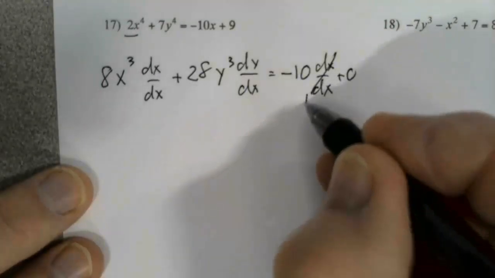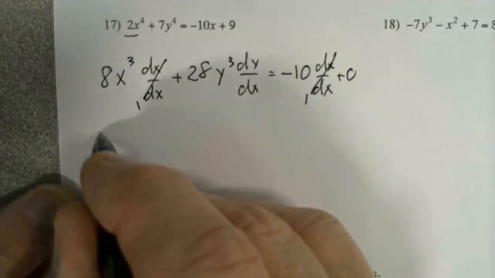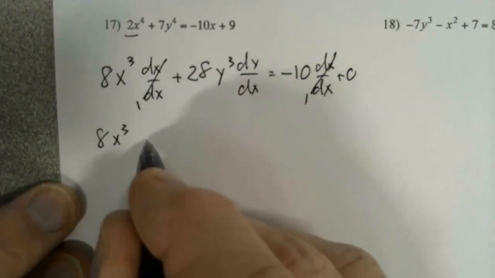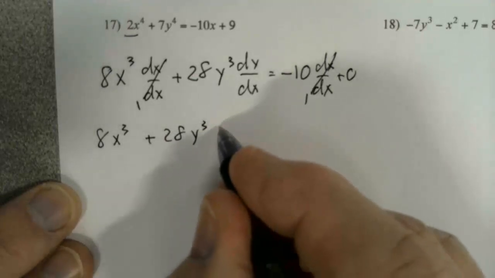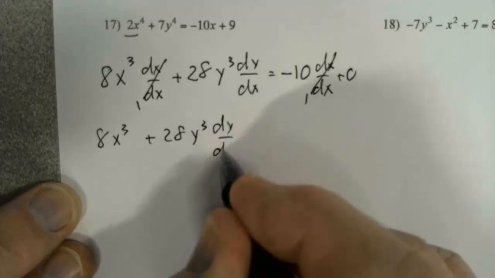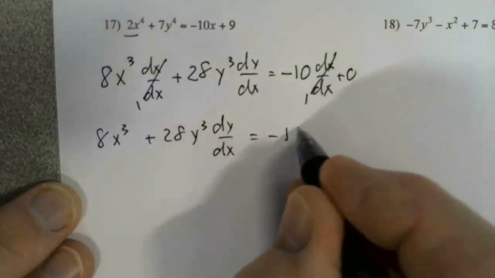So that becomes 1. That becomes 1. So I have 8x to the third plus 28y to the third dy/dx equals negative 10.